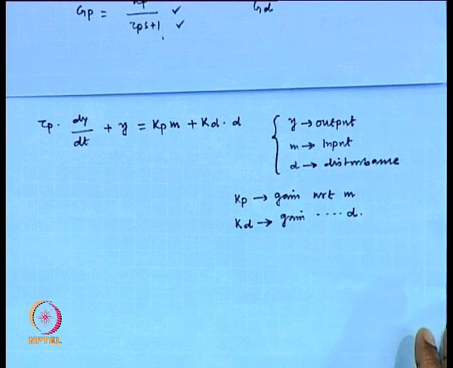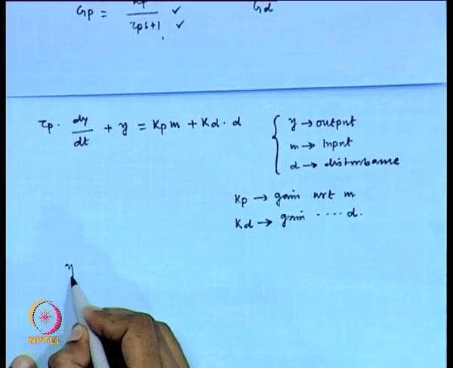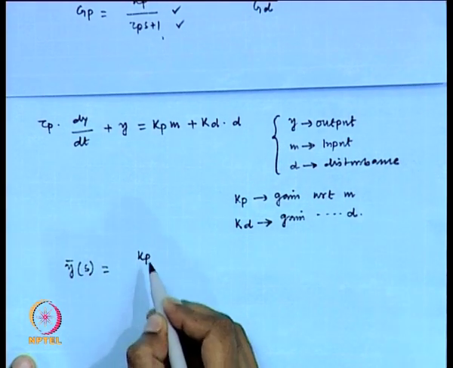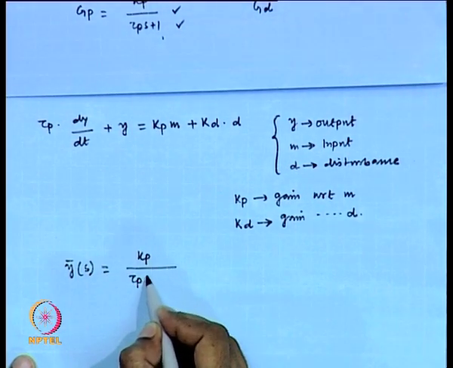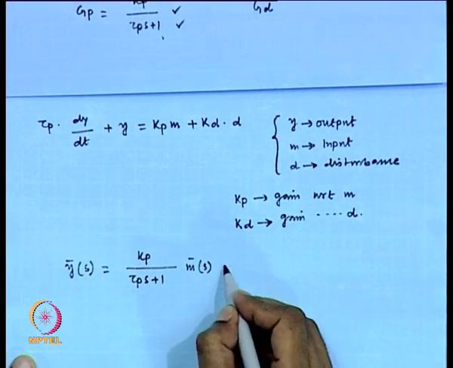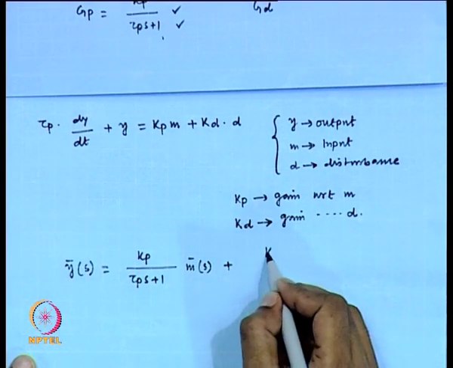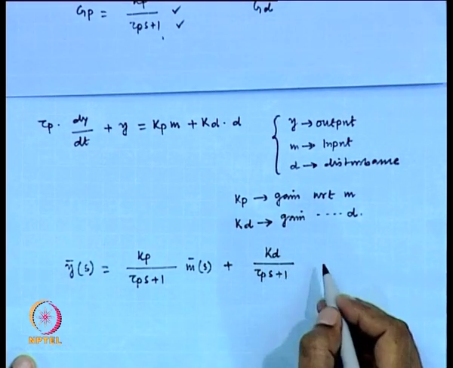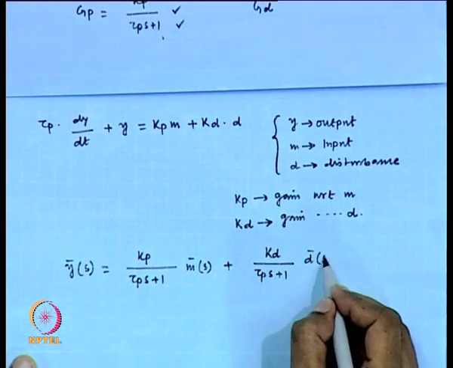Fine. Now, if we take Laplace transform and if we rearrange, then finally we get y bar s equals Kp divided by tau p s plus 1 m bar s plus Kd divided by tau p s plus 1 d bar s.